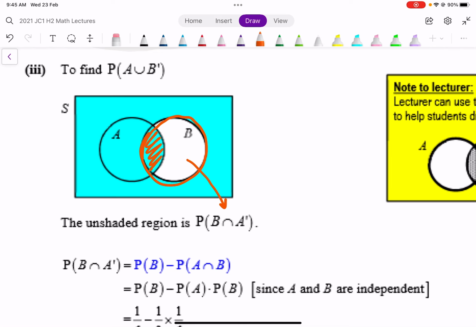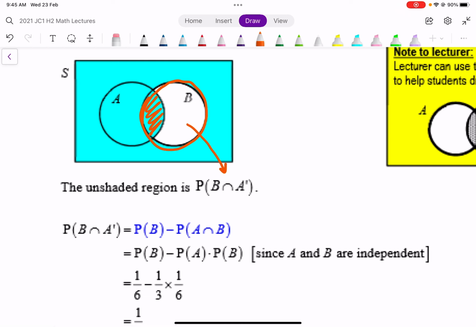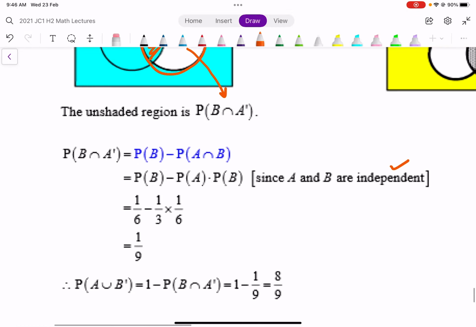PB, you have already found the value. And because A and B are independent, the intersect I can split into PA times PB, and then you can plug in all your values, and that will give you the probability of B intersect A prime.